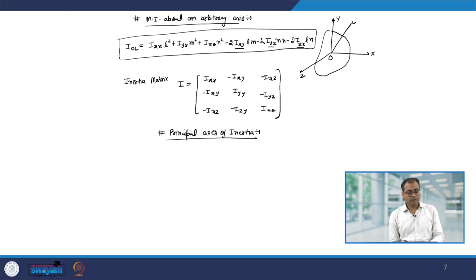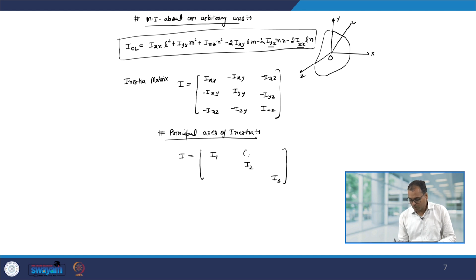We saw that if we examine the rigid body and its moments and products of inertia for all possible orientations, then there is always an orientation for which the products of inertia vanish, and in that case I becomes I1, I2, I3 and all the products of inertia are 0.